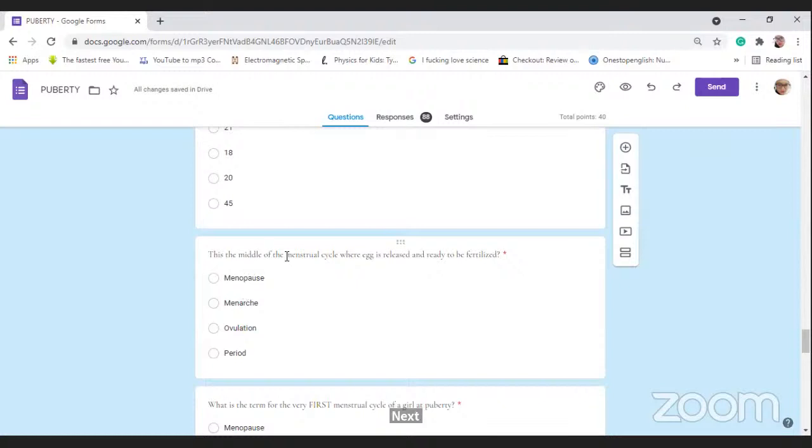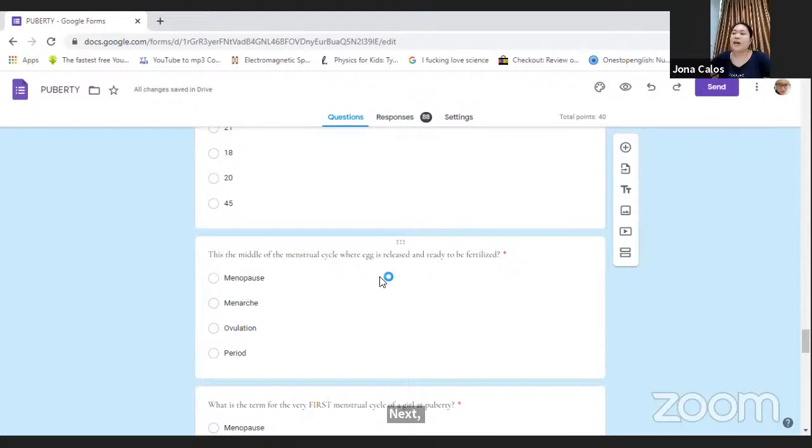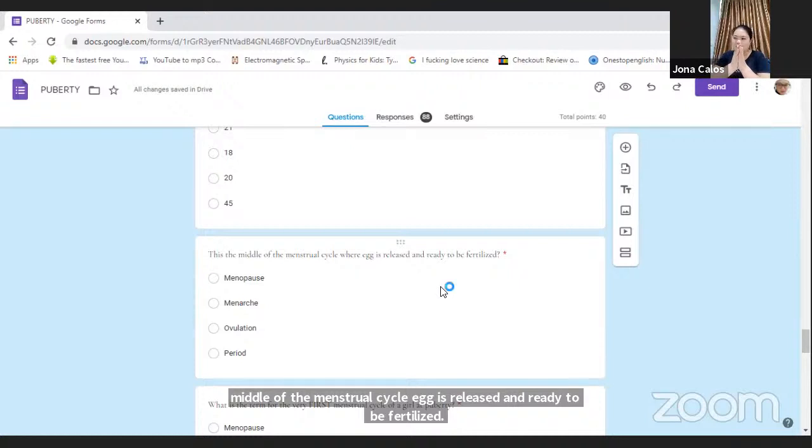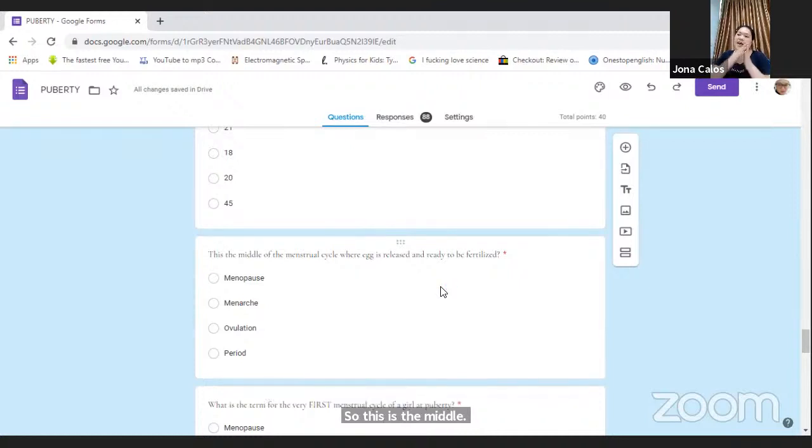The middle of the menstrual cycle, where the egg is released and ready to be fertilized. So this is the middle. Okay, and that is ovulation. It is ovulating. So again, this is where the egg is very much ready to be fertilized.